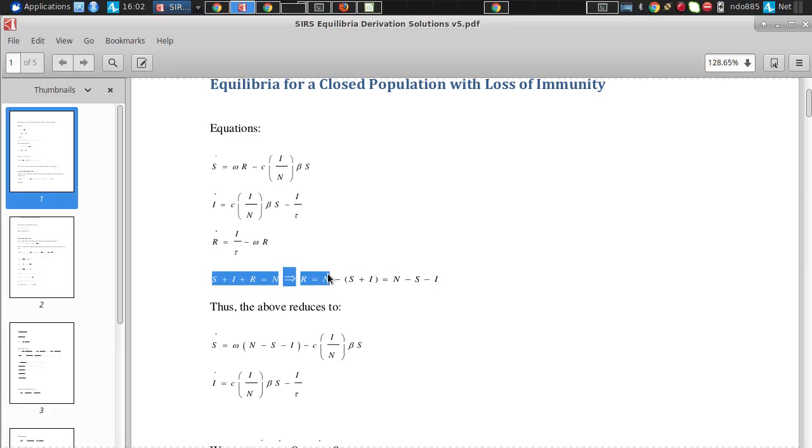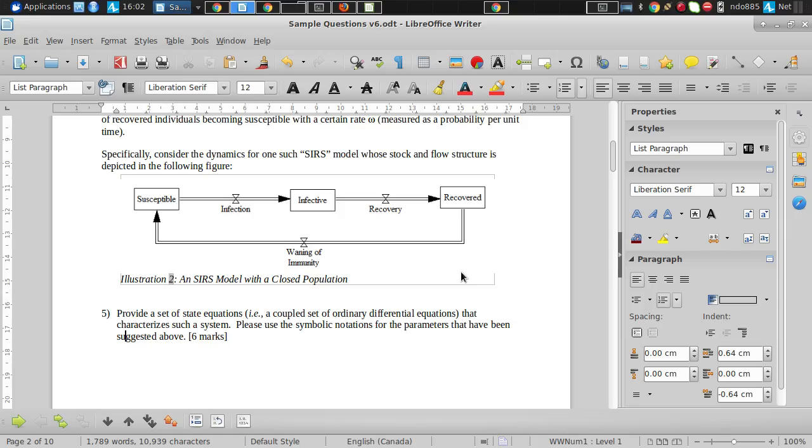And notice, and this is very important here, folks. If you follow this derivation, one of the first things I say is, wait a minute, I don't even need to worry about one of these. Why is that? Because it'll just be the remainder. The total population here is fixed. There's a total of N people in the model, and all we have to do is specify two of these, and we know what the other is.